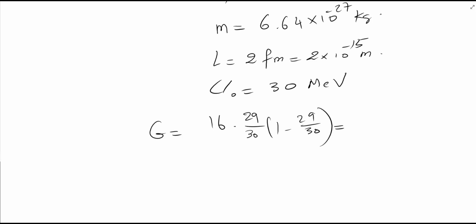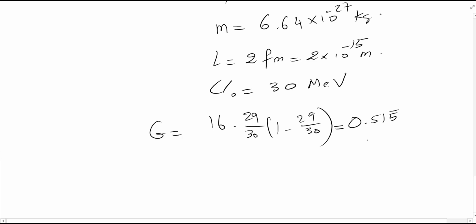So I have 16 times 29 times open parentheses 1 minus 29 over 30, close the parentheses, and then divide the whole thing by 30 again. So this number is 0.51, and then repeating 5s.